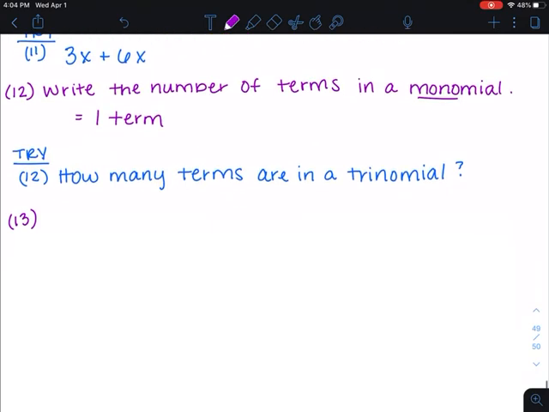Number 13. If I said you had 6a to the 9th power, what is the numerical coefficient?